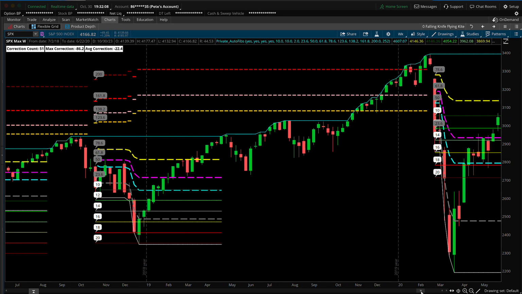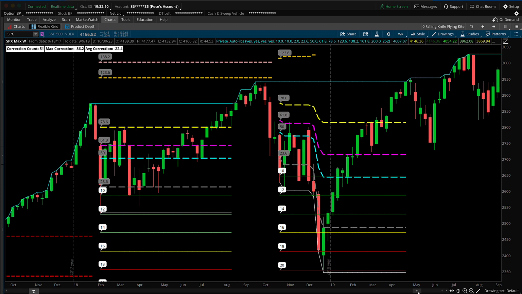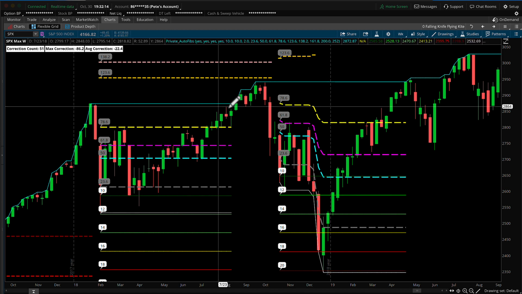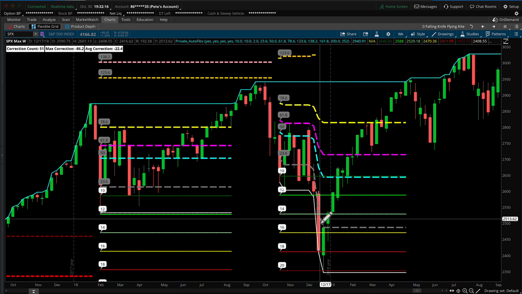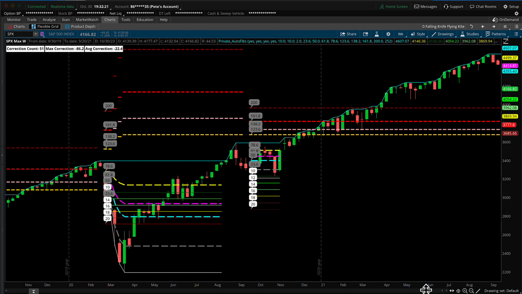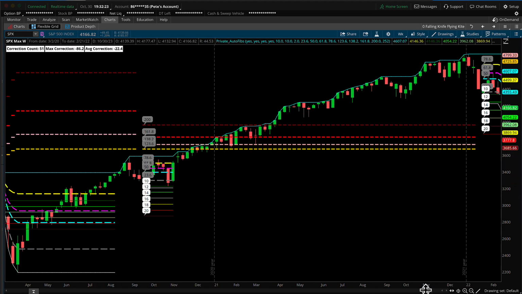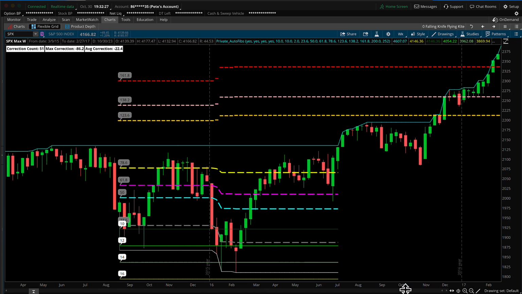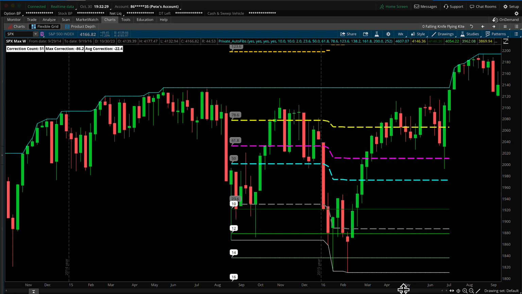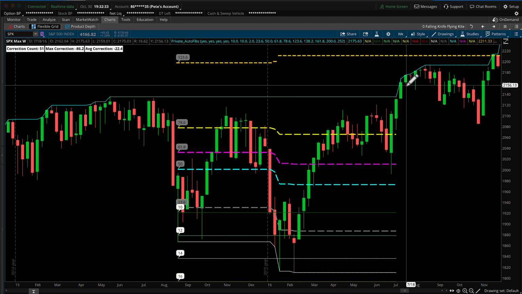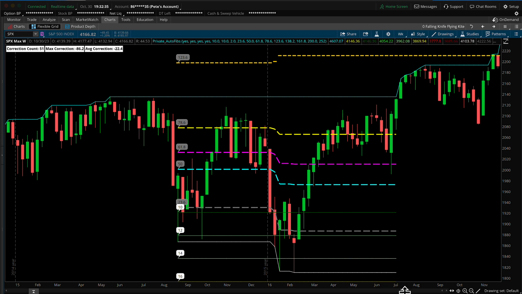I'm just going to scroll through here, but you'll notice all of them have 52-week highs and new all-time record highs before we get the next correction. You see that the most common feature of the market structure is for it to correct, but also to make a new all-time record high before it makes another correction. Here's another one. We made a correction, we made a new all-time record high before a new correction appeared.